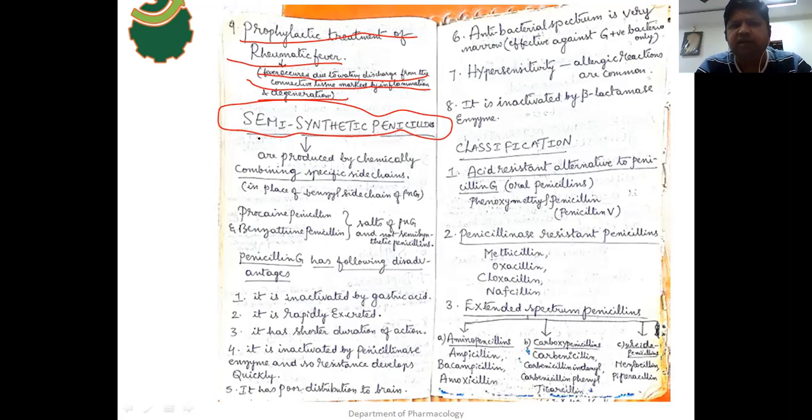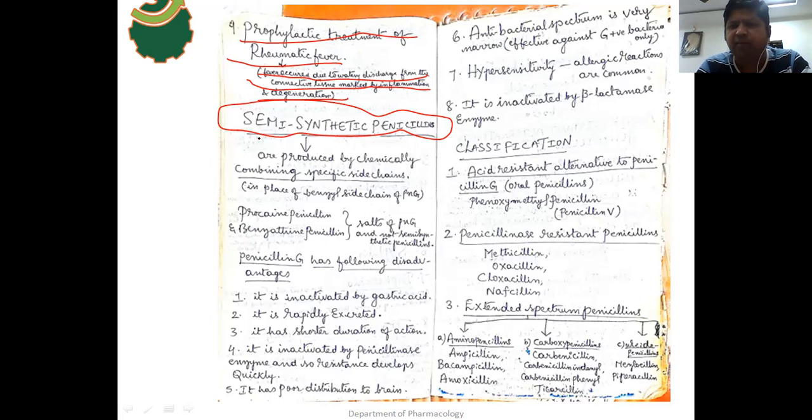You should know the difference between natural, synthetic and semi-synthetic. Natural means purely obtained from a natural source. Penicillin G is natural because it is obtained in pure form from Penicillium chrysogenum.